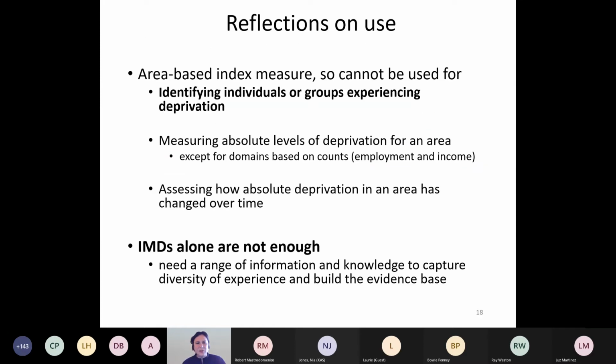Right, this is just a little bit of a recap on the kinds of things that we've been hearing and thinking about over the past few years. So the main thing about the indices, which has been highlighted, is it's a relative measure. It identifies concentration of people living in disadvantaged conditions. It doesn't identify individuals. And that's where geography comes into it.